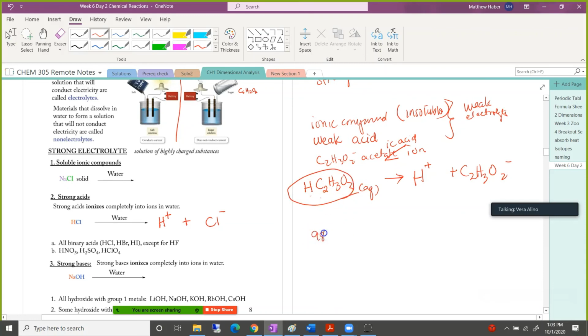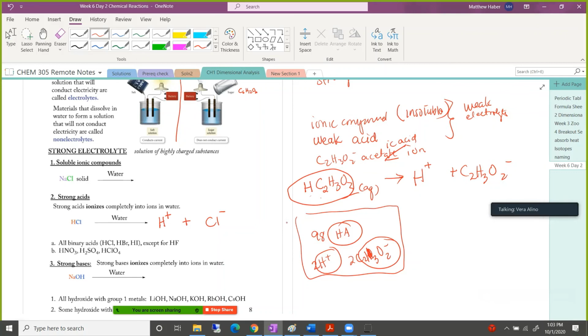So you're going to have 98 of these compounds and only 2 hydrogen ions and 2 acetate ions in there. And we're going to talk more about these in detail. Because it doesn't completely ionize in water, it only partially ionizes, it's going to be called a weak acid. There are gazillions and millions of weak acids.